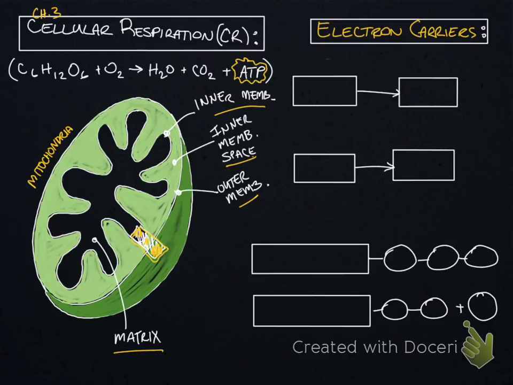So I mentioned electron carriers before. We had NAD+ and FAD, and they become electron carriers when we add in electrons.